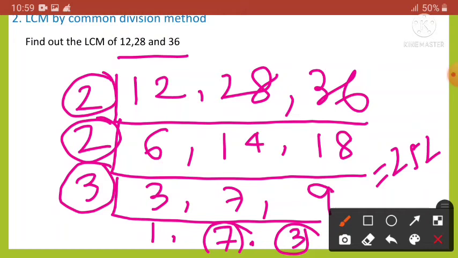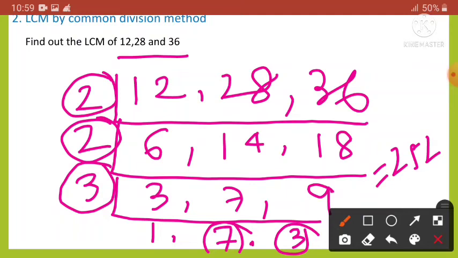Okay, so we have to divide the numbers by the smallest prime number which can divide at least one of the numbers. So we have to continue this process until we do not have numbers that are divided by the smallest prime number. So we have to continue the process by the smallest number or co-prime number till the numbers cannot be divided further.